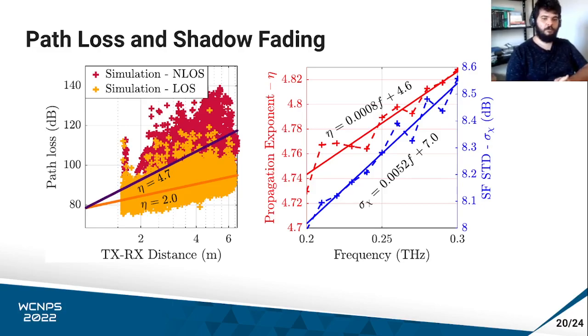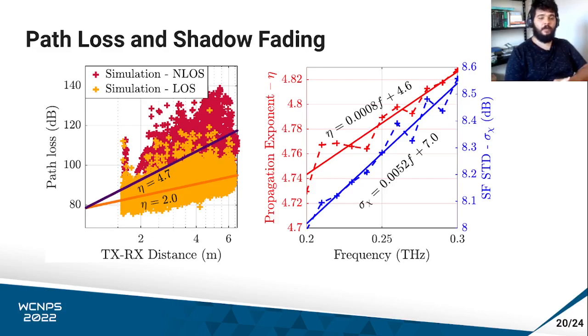According to the results, for non-line-of-sight links at 0.2 THz, the path loss exponent is equal to 4.7. This parameter increases with the frequency, reaching a value of 4.8 at 0.3 THz.